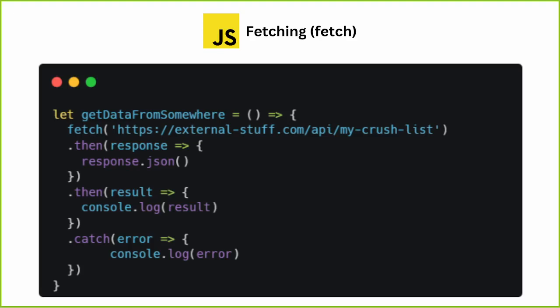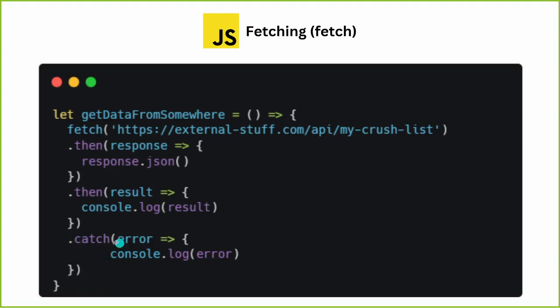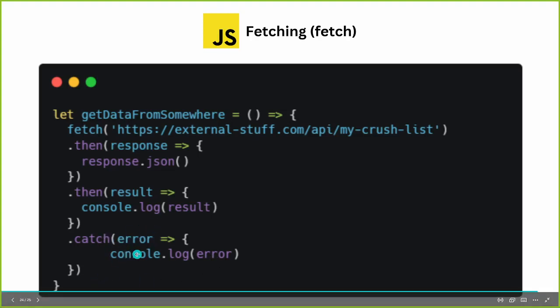Don't repeat yourself. DRY principle. You could handle it. JavaScript does an amazing job at handling our errors: you could just append a dot catch there and then pass in your rejection value and log it to the console or do whatever you want with it.